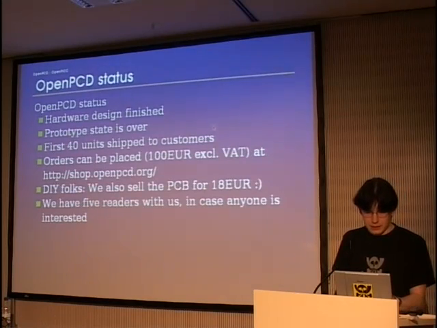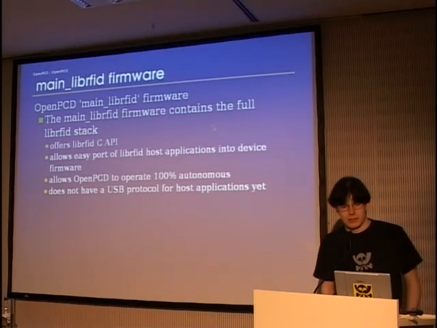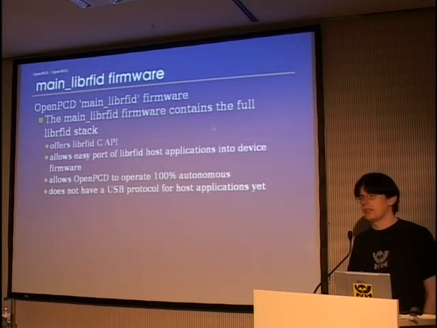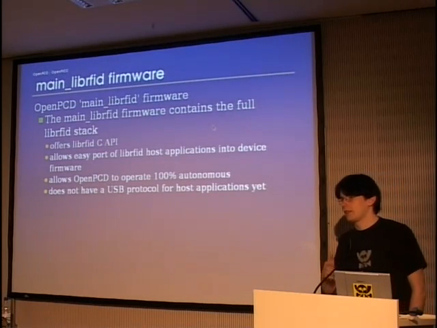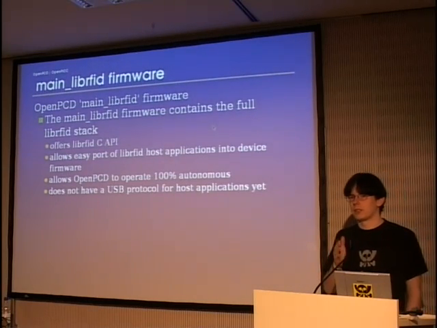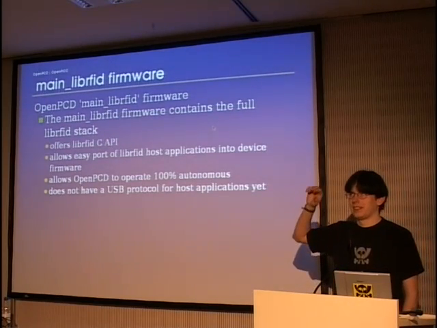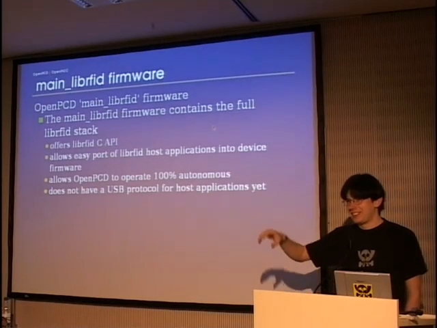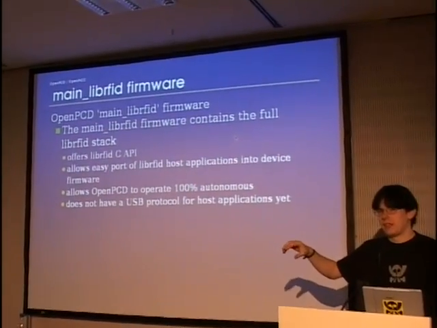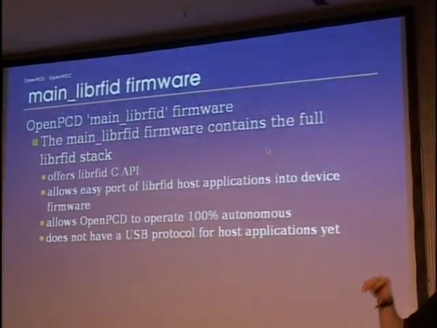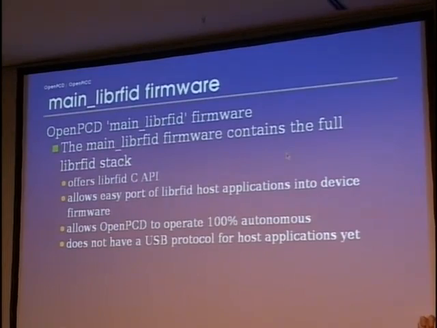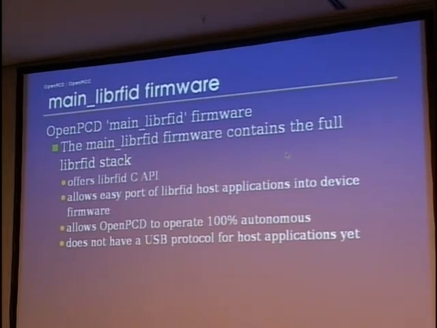So yeah. Anyway, where is the main librfid firmware? The next step after having main dump reader firmware in combination with librfid on the host PC was to port librfid to run inside the firmware environment that we have in the device.